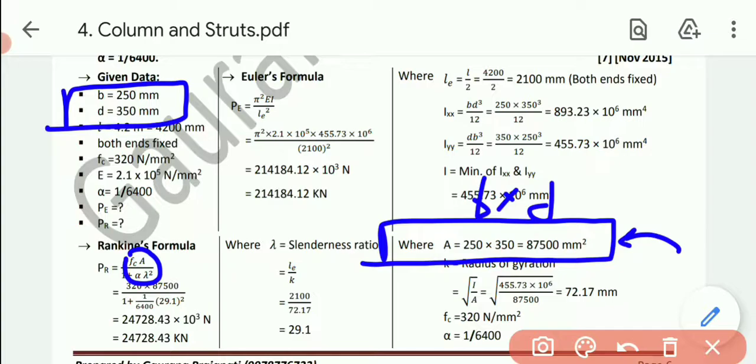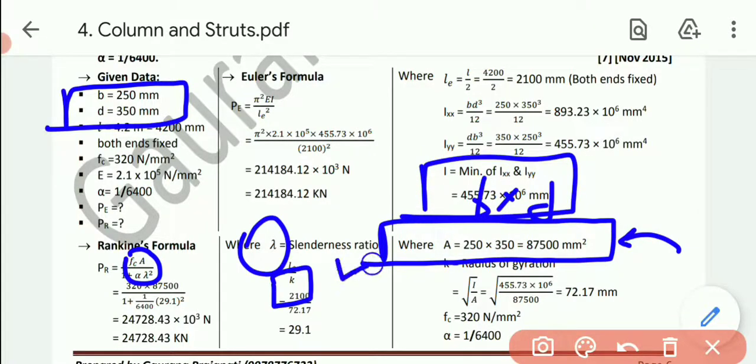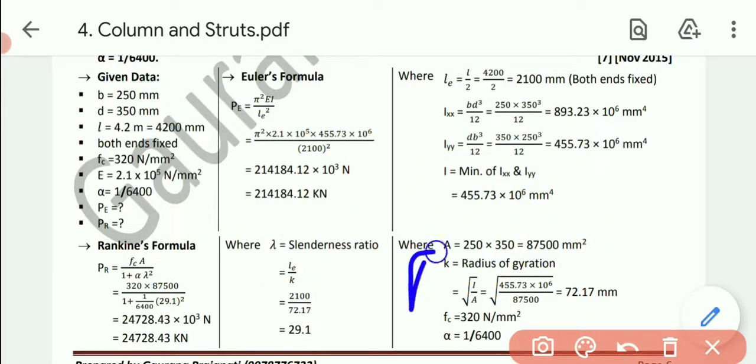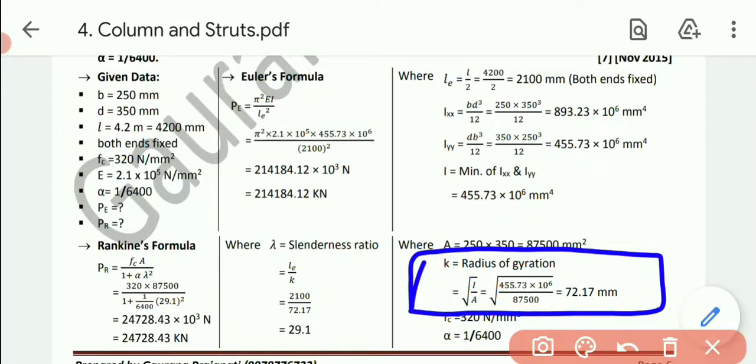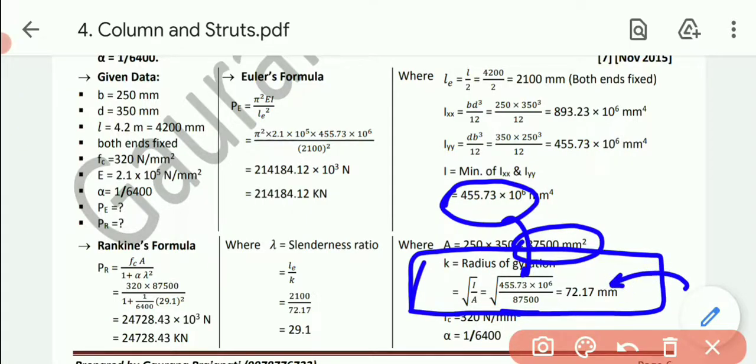Now, to get lambda, I first need to calculate K, the radius of gyration, root of I by A. I have the value of I and the value of A, so I can easily calculate K. I is 455.73 into 10 raised to 6, and area is 87,500. So I get K as 72.17 mm.